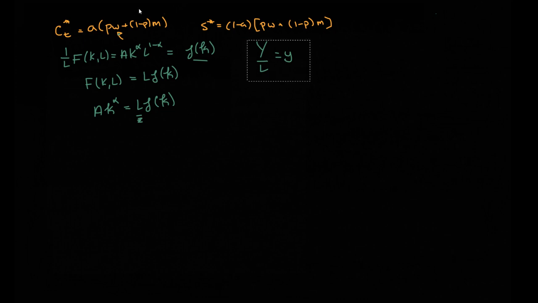Okay, so what we want to do next is think about the wage that the company will pay. In a perfectly competitive market, which we're going to assume, the wage is going to be equal to the marginal product of labor, which is the partial derivative of output with respect to labor, which is going to be equal to d/dL of L f of k.